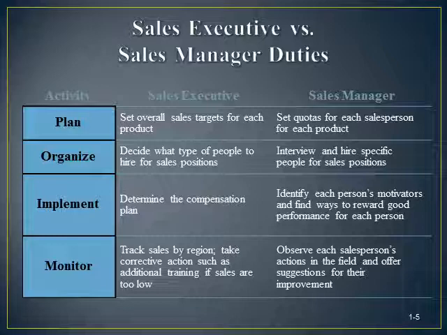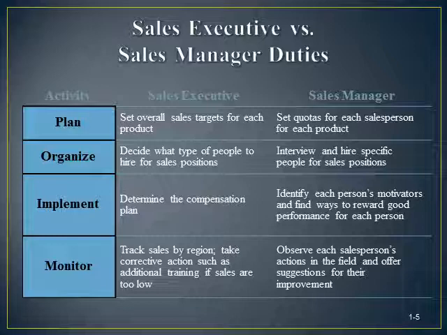The sales executive tracks sales by region. He may be able to take corrective actions such as additional training if sales are too low. Whereas the sales manager observes each salesperson's actions in the field and offers suggestions for their improvement. So as we see, the sales manager has a direct relation with the salespeople, so he may be able to observe who is doing well and who is doing badly.